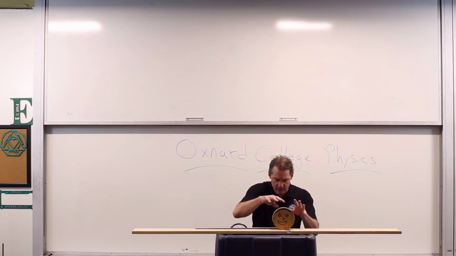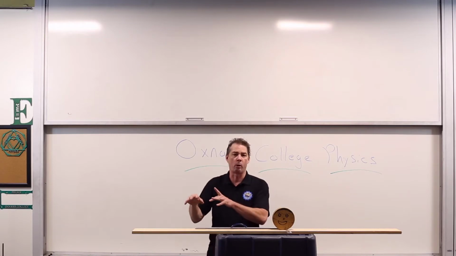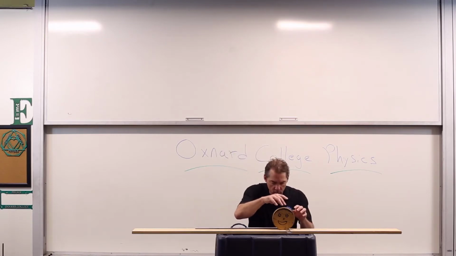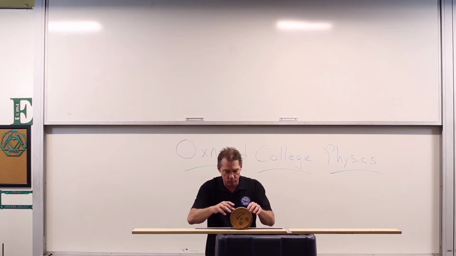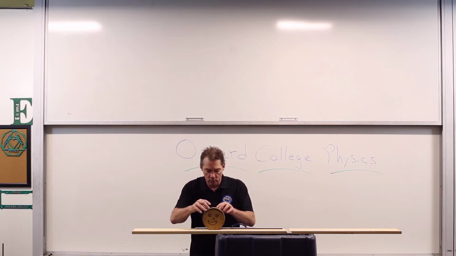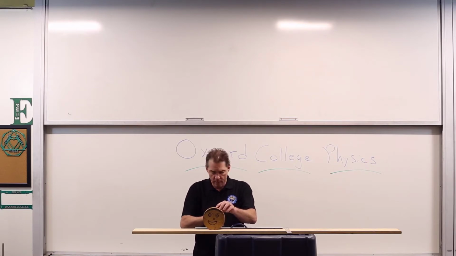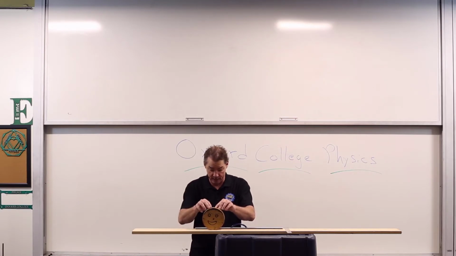So I can take this, and I'm going to go ahead and rotate it one full rotation. So here we go. There we go. That's about one full rotation. I got a little meter stick, that's really centimeters here, that tells me it just rotated about 48 centimeters. Yeah, really close to exactly 48 centimeters.